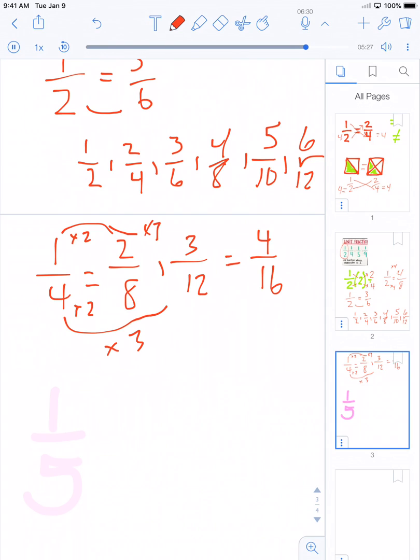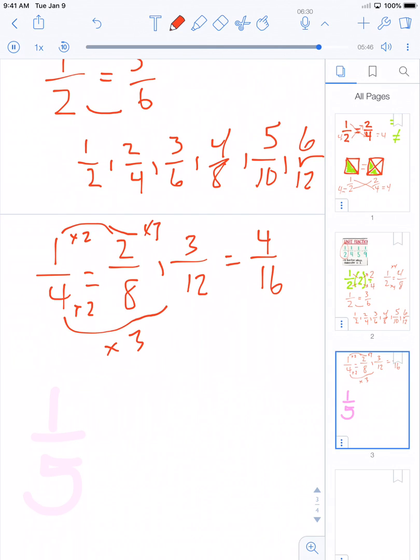So in this case, you can see the pattern is the numerator goes up by 1, which is what I want you to see today for unit fractions, and the denominator goes up by whatever the denominator is. So 4 plus 4 is 8, plus 4 is 12, plus 4 is 16. So you can make these patterns to find equivalent fractions really easily.